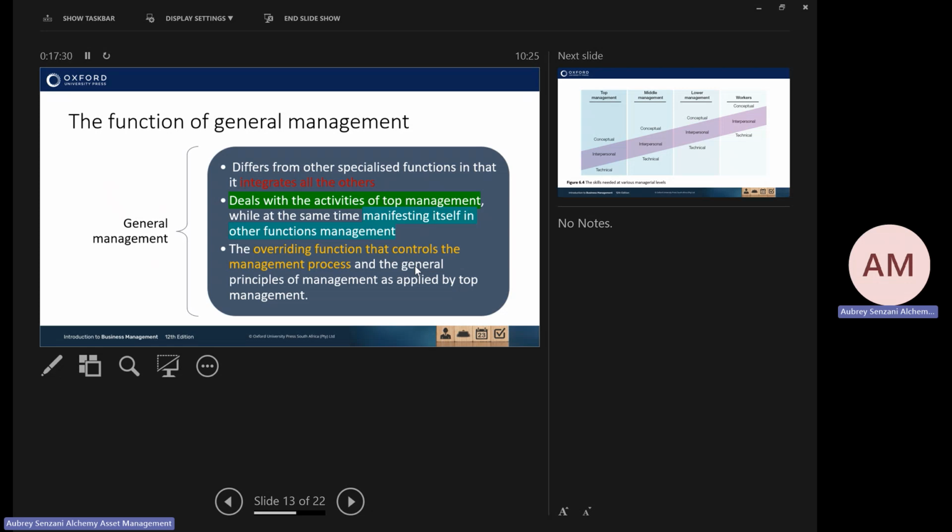Okay, it deals with the activities of top management while at the same time manifesting itself in other functions of management. Then, lastly, it says the overriding function that controls the management process and the general principles of management as applied by top management.